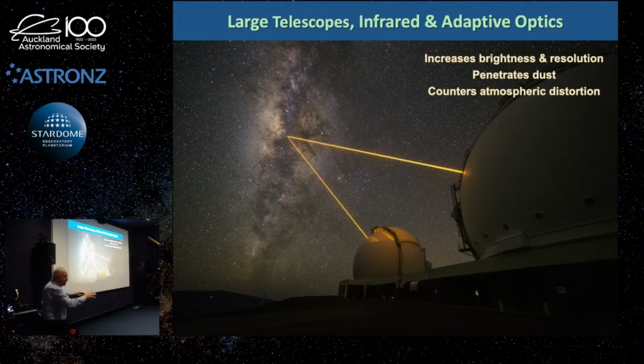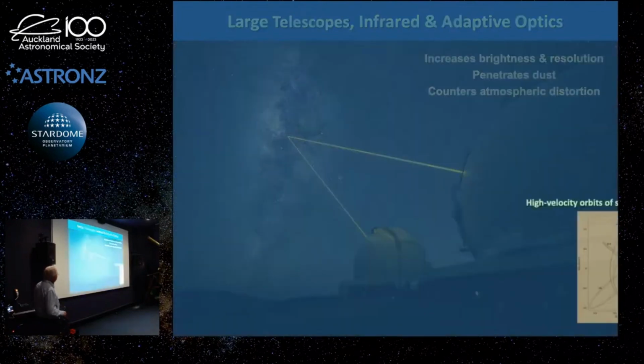That feeds back to the telescope, and within split seconds, many times per second, it re-alters the shape of the mirror. The telescope mirror is just adjusting itself to counter the atmospheric disturbance. Amazing technology. It's called adaptive optics, and it's able to counter all the turbulence going on high in the atmosphere. So it was those three really big things that started coming to life in the mid-90s.